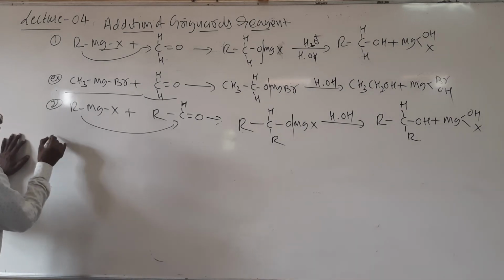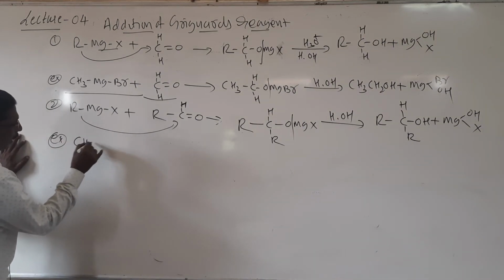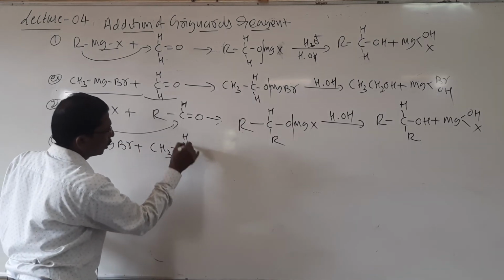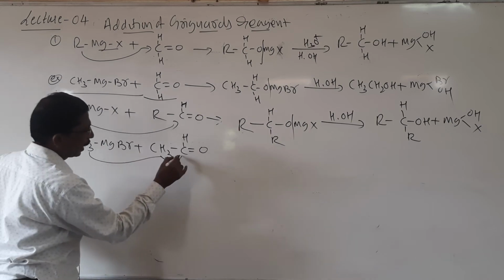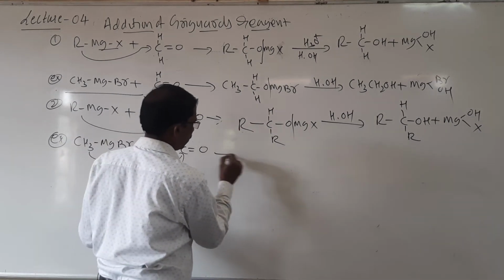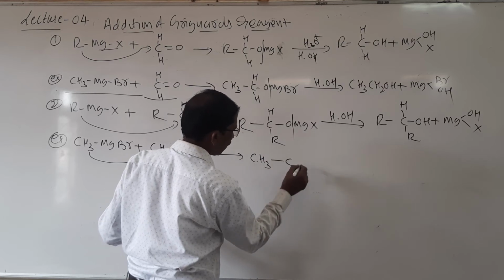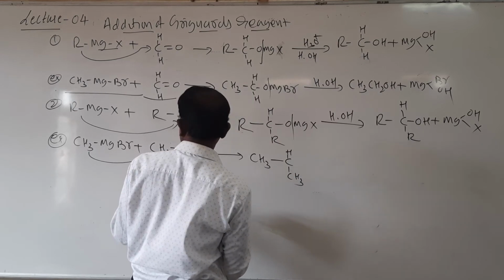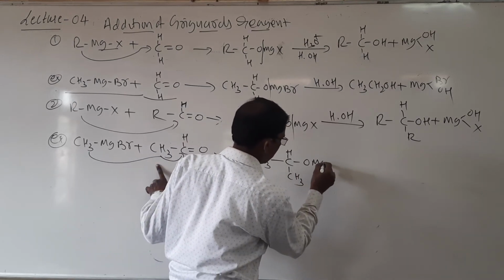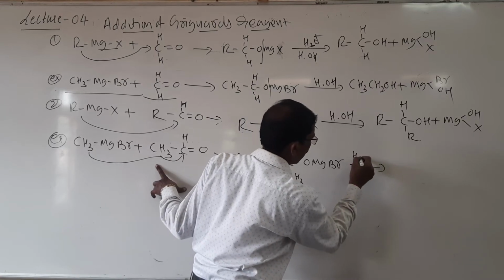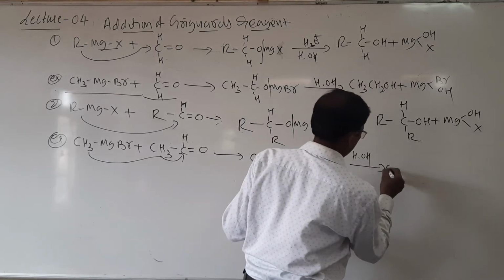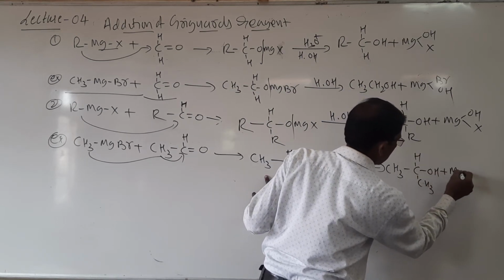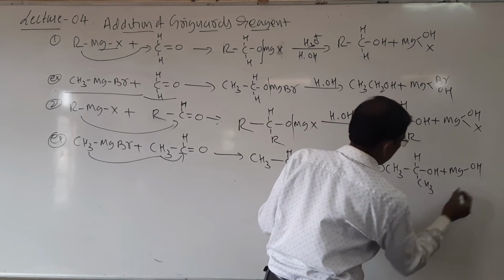And you may write an example. CH3MgBr, acetaldehyde CH3CH double bond O. So CH3 attacks here and then it forms CH3 C CH3, H and OMgBr, on hydrolysis it gives CH3CH(OH)CH3 plus MgOHBr.